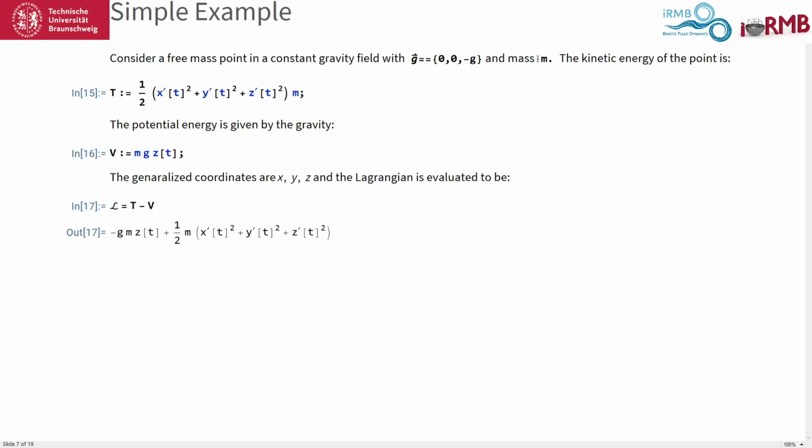Kinetic energy is pretty straightforward: it is the velocity squared times the mass times 1/2. Of course, we have to write this in the proper coordinates, so it would be velocity scalar product velocity, which in Cartesian coordinates is x velocity squared plus y velocity squared plus z velocity squared.